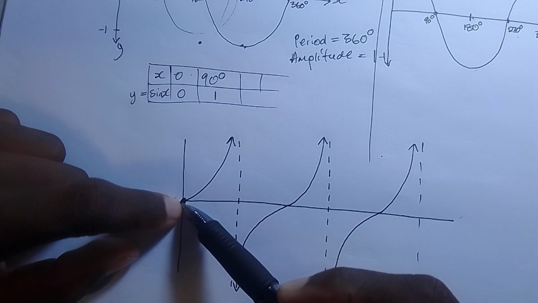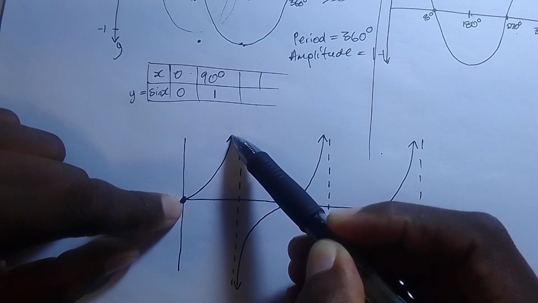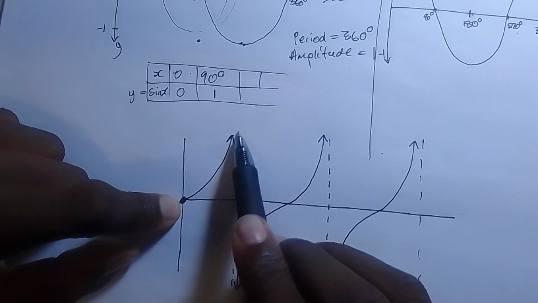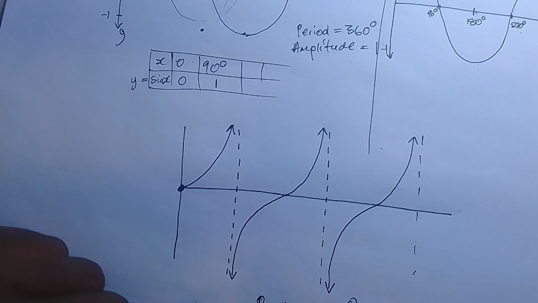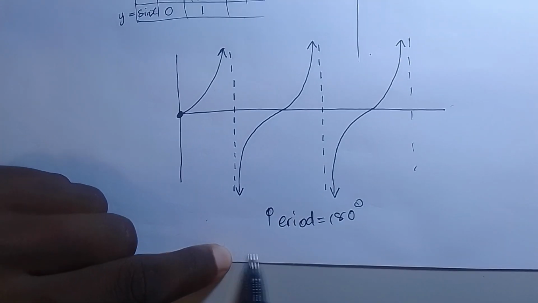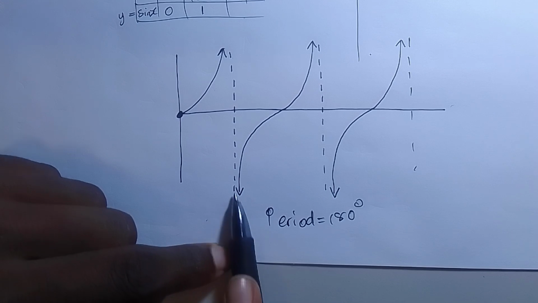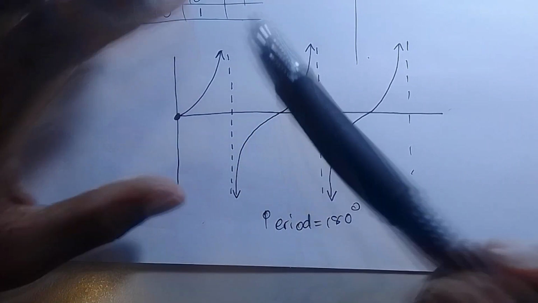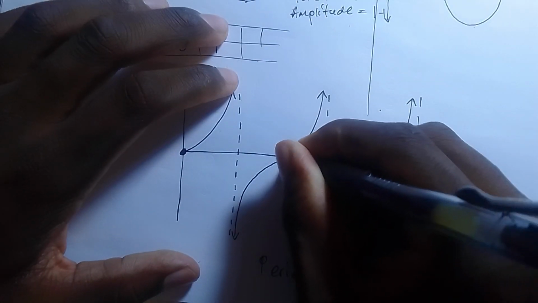If you start here, you go up, you haven't repeated anything, right? You just started here and went up. Now when you come to this part of the graph, you'll start from the bottom, from infinity, and come all the way up and come all the way to here, right?